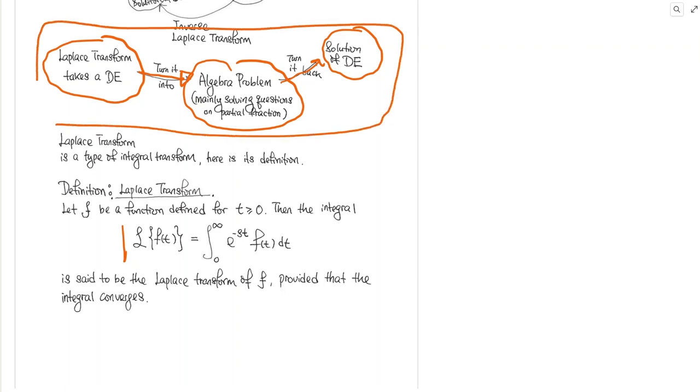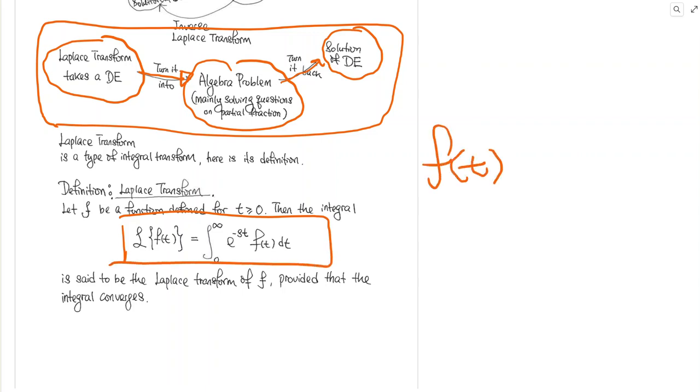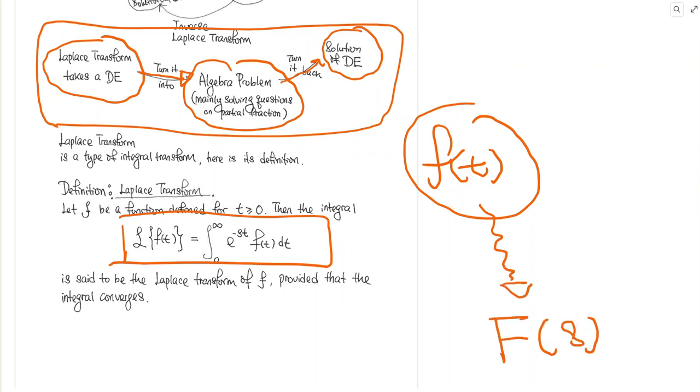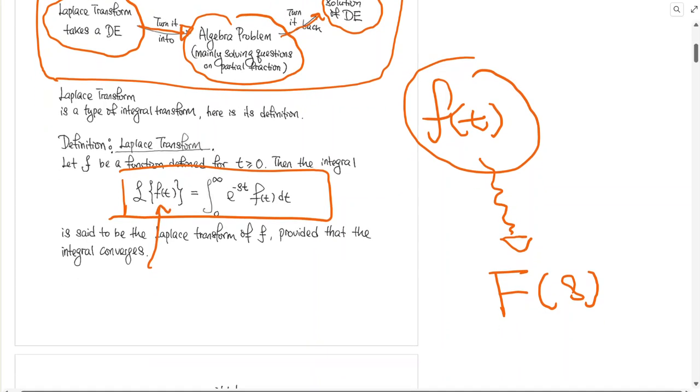This all started with this definition. The definition tells you, if you are given a function f(t), how to transform it to a function in s. The original input function is a function of t, and the output function is a function of s.